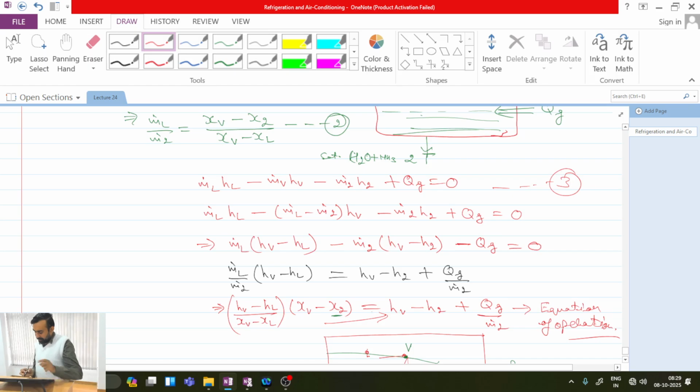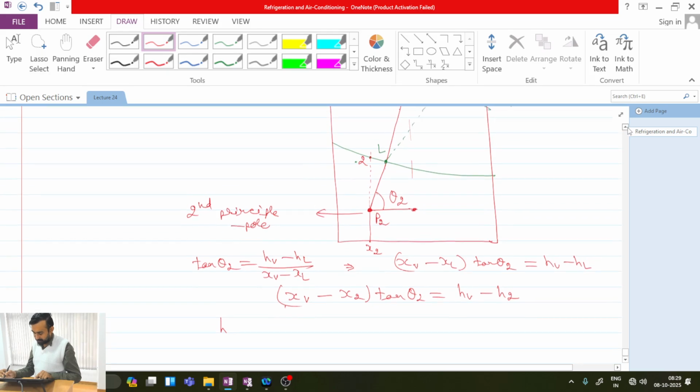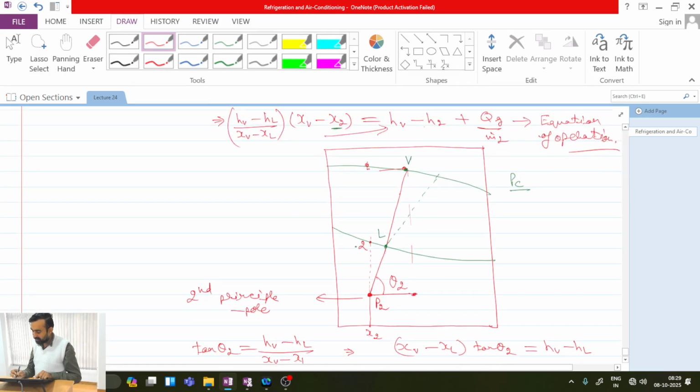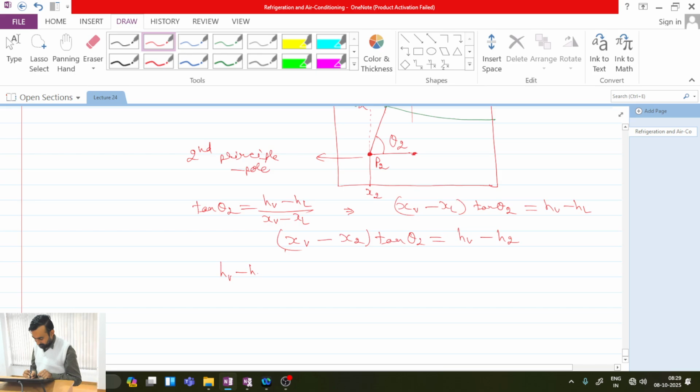So what I can do is replace this with the right hand side. What was the right hand side in the previous equation? HV minus H2 plus QG by M dot 2. Sorry, here I have written wrongly.